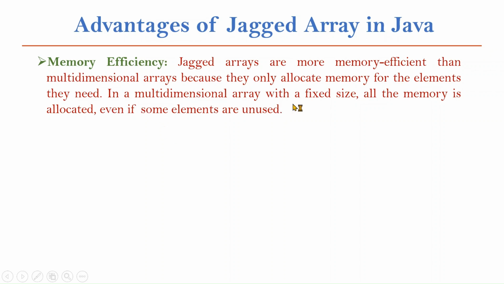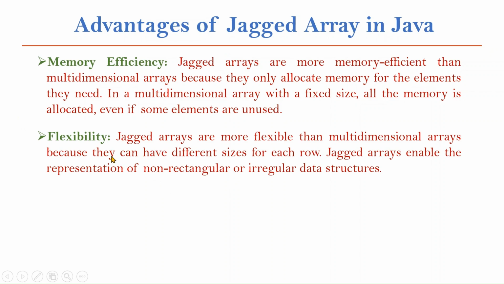In a multi-dimensional array with a fixed size, all the memory is allocated even if some elements are unused. In the previous slide I was comparing: if you use all the columns, it's fine, but if you're not using all of them, then the memory is wasted. Then coming to the next advantage, flexibility.